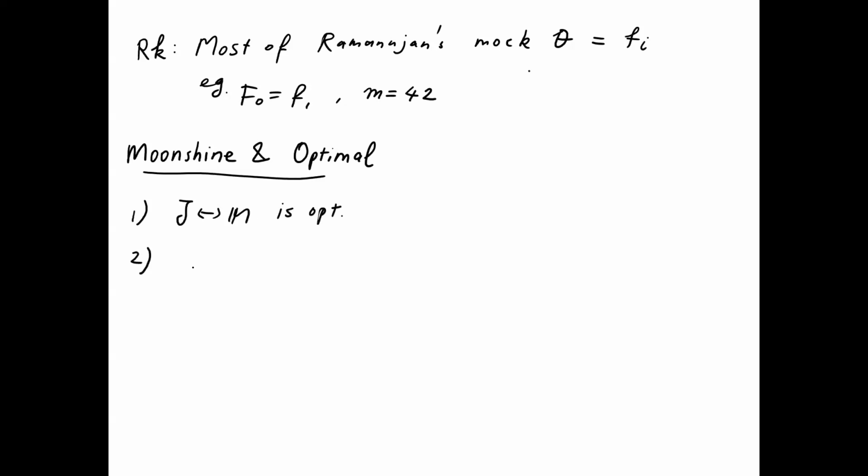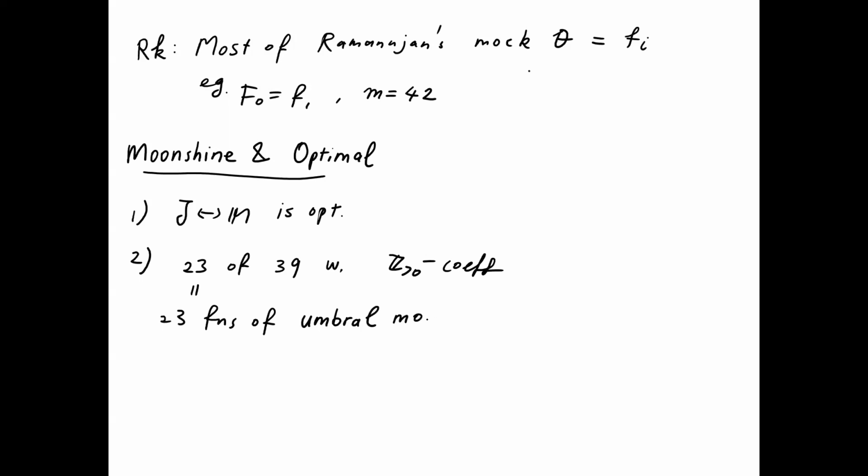And indeed, 23 of the 39, which are exactly the 23 with positive coefficients, are exactly the functions of what's called the umbral Moonshine that was discussed by Jeff and John Duncan and myself.